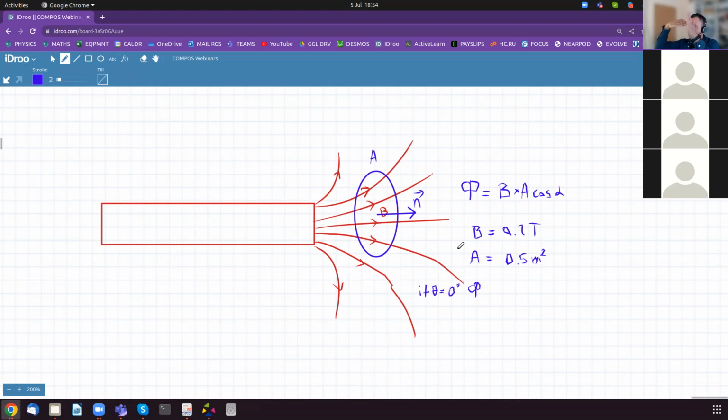So you have the field and its loop, because we are not looking at the loop itself but at the normal to the loop. So the normal is parallel to the field, so the angle is 0 degrees. So the flux is going to be B times A, so 0.2 multiplied by 0.5.